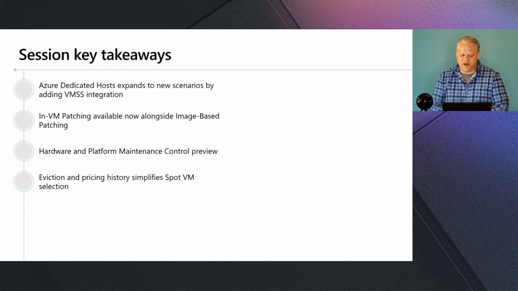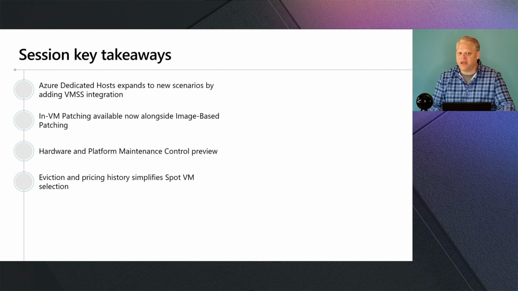So today we've talked about several key innovations within the Azure Infrastructure as a Service workload. We've talked about dedicated hosts and how that expands to doing auto placement and VMSS control. We've talked about VM patching and how that expands the ability to keep your instances secure. So you can use VM patching in addition to the existing model of image-based updating that's been available within Azure.